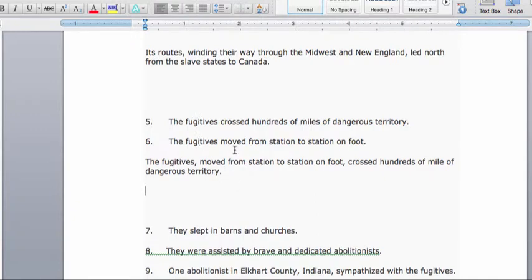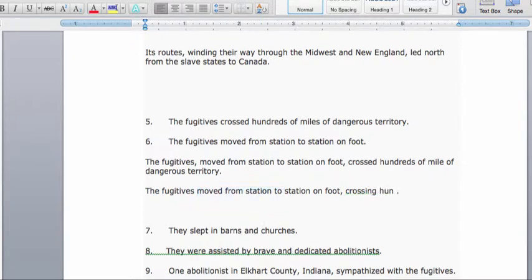Or I could make this the first sentence. Let me do a quick copy paste for sake of time. And I could describe the action that they moved from station to station, crossing, and this time I'm not describing fugitives. I'm describing the actual crossing, or excuse me, the actual movement, I'm sorry.